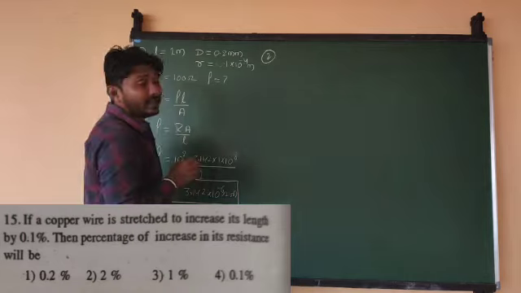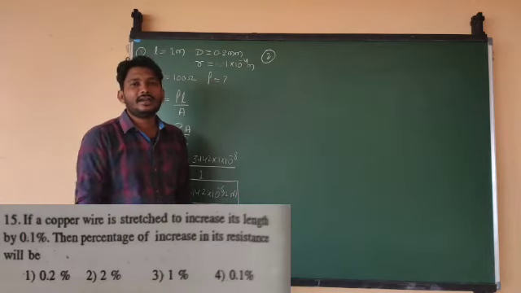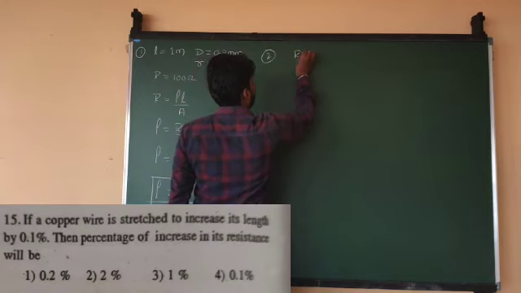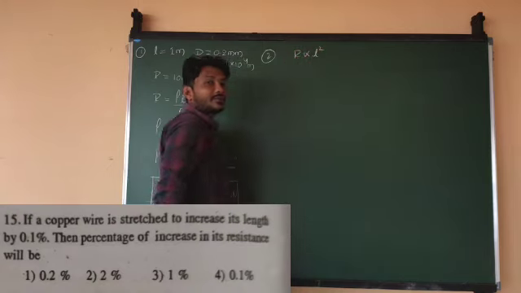I have the connecting formula between length and resistance. For constant volume, R is directly proportional to the square of its length.